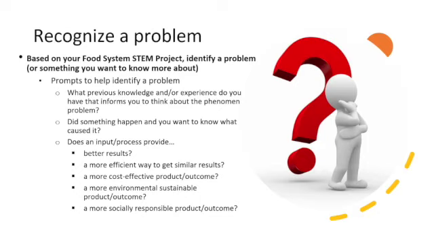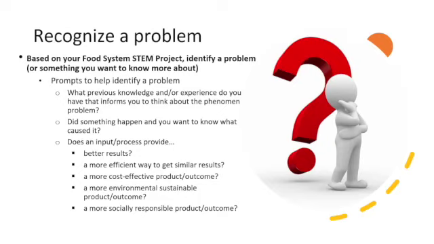Or maybe provide a more efficient way to get similar results. Maybe a more energy efficient way, for example. A more cost-effective product or outcome. So is there some way you can maybe reduce your inputs and still be able to get similar results? So it's more economical. It's also thinking about, how is this a more environmentally sustainable product and outcome? And so are there some things you could try there?